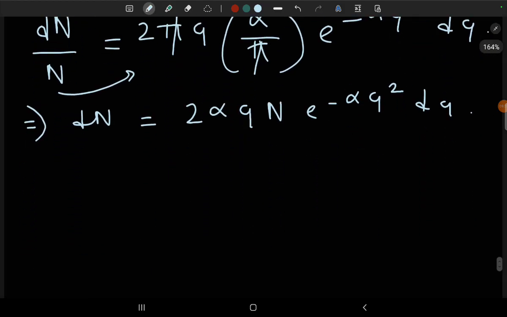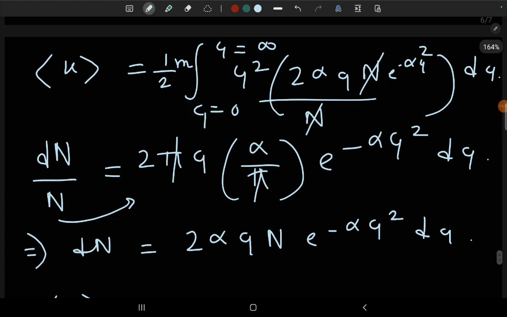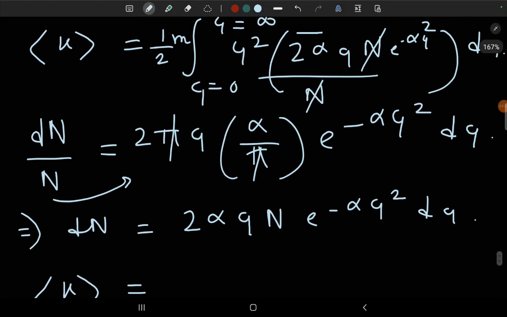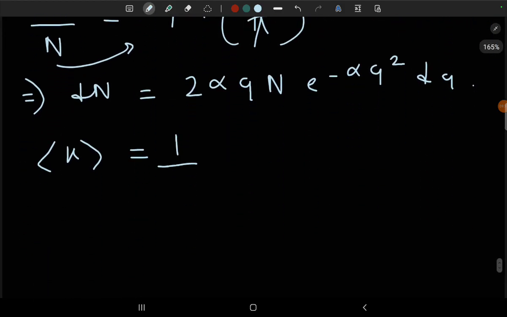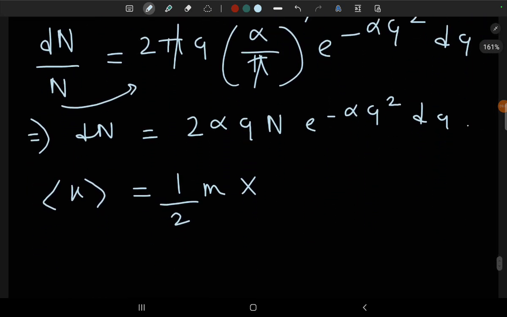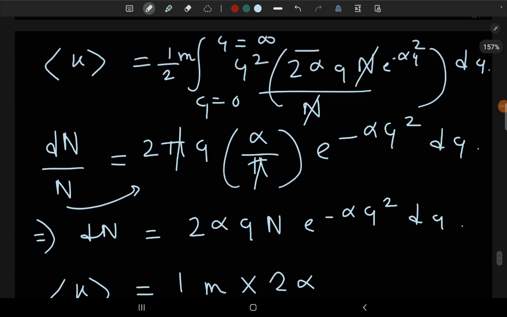And we can take the constants out to find the average kinetic energy, wherein the 2 alpha will become a constant and come out of the equation, and half into m into 2 alpha, and there will be a c square c1 square c.